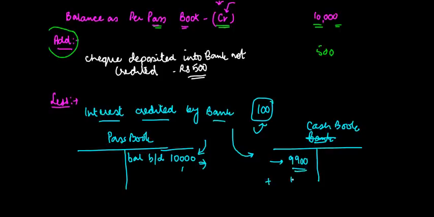Because they haven't increased this amount by 100, right? So if I have to take this balance down to 9,900, what will I do? I will reduce this 100, right? So that's how basically you make the adjustments as you deal with balance as per the passbook.